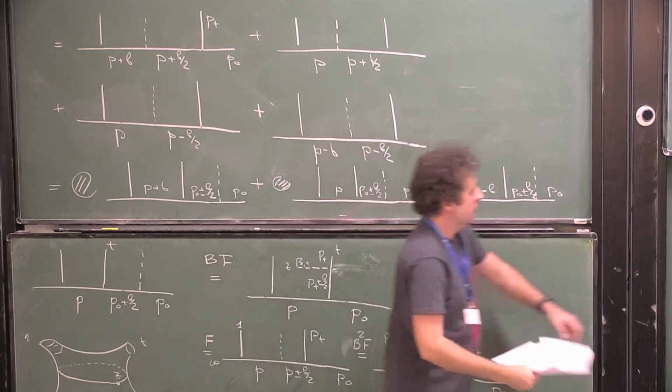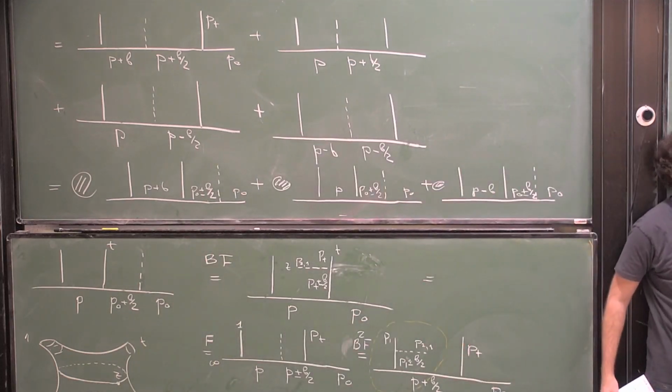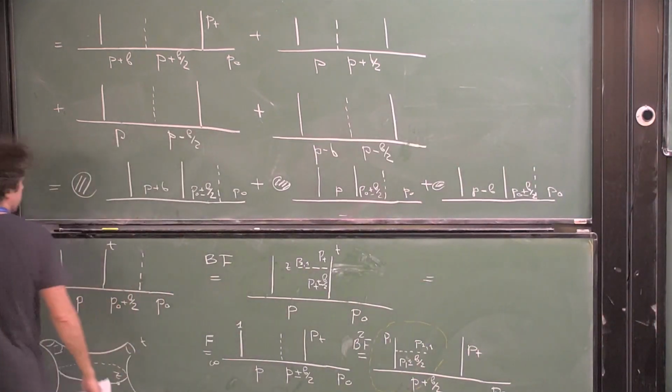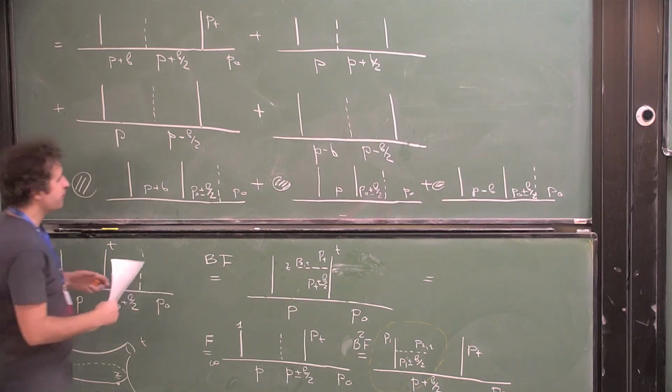With some coefficients of this form, like gammas or cosines, depending on the normalization you use.